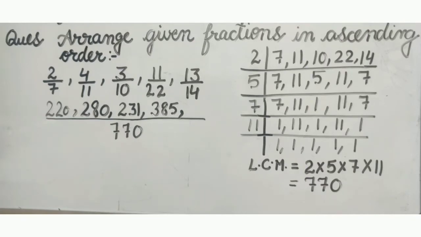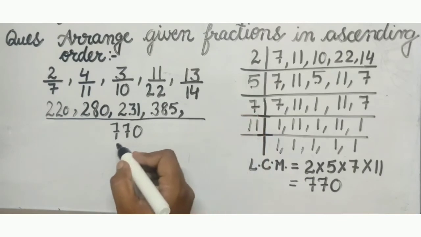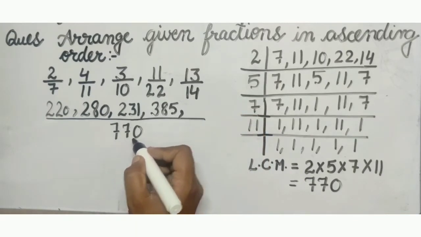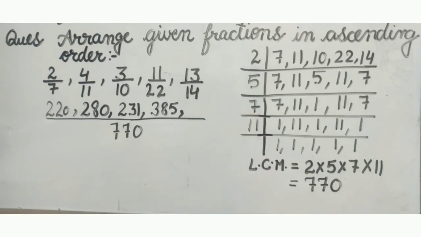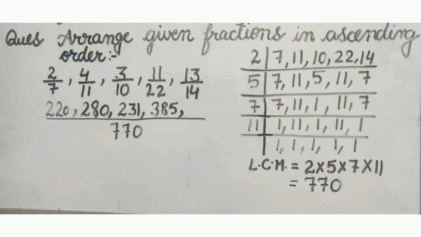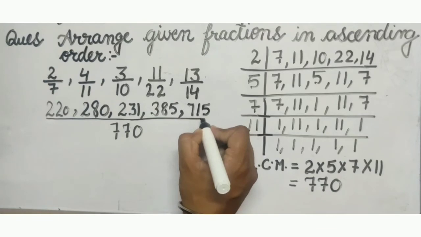Now the last fraction, we have to divide 770 by the denominator. When we divide 770 by 14, the answer will be 55. Now the third step is to multiply that answer with the numerator. So when we multiply 55 with 13, we get 715.